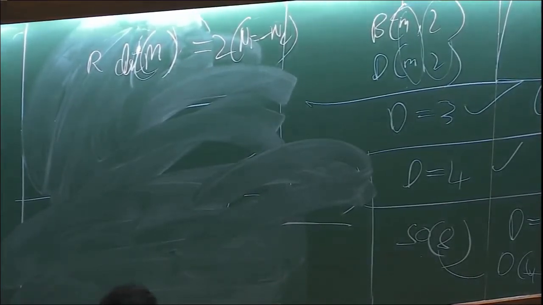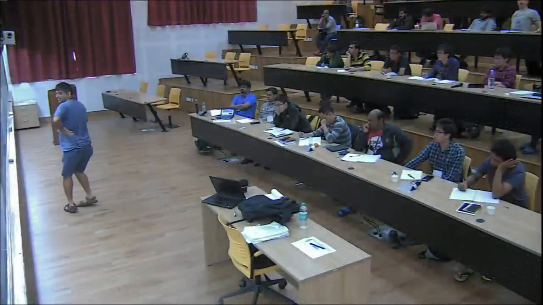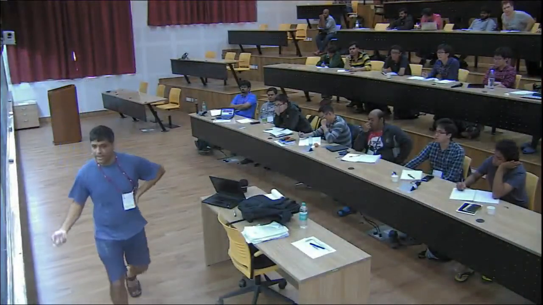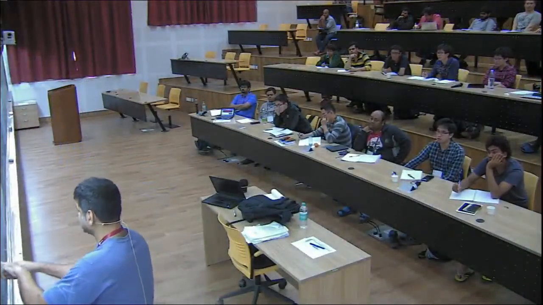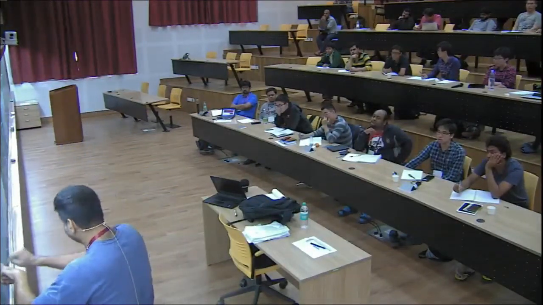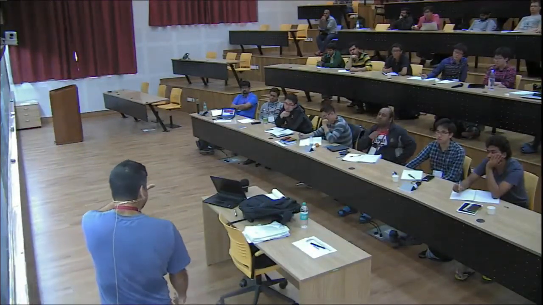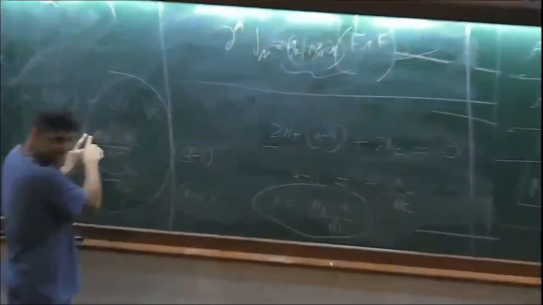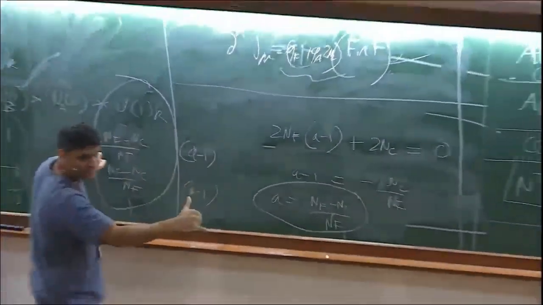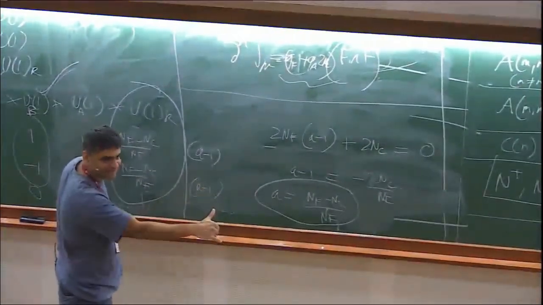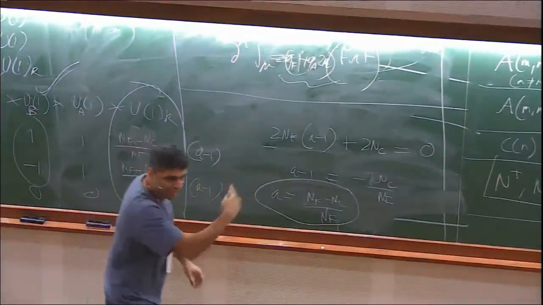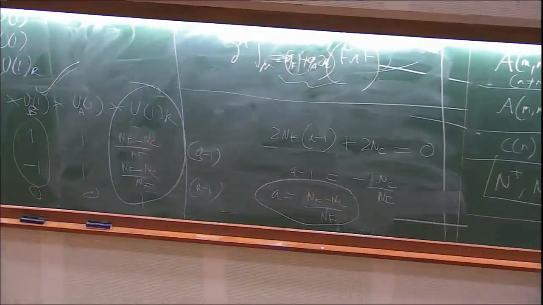Q has charge (NF minus NC) over NF, and Q tilde has the same charge. So each matrix element of M has charge 2 times this. And then it's an NF by NF matrix, so the determinant has an extra factor of NF. So the R charge of the determinant of M is 2 times (NF minus NC). That's why the NF cancels in the denominator.